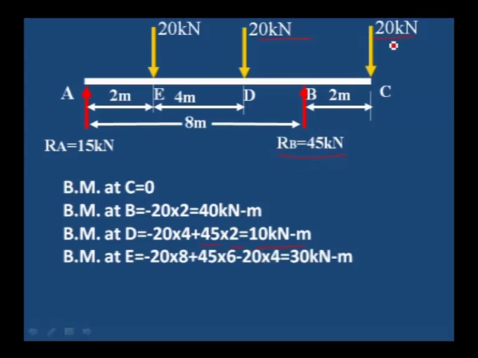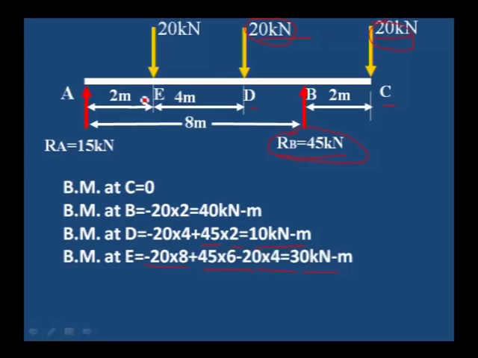These three loads: one is 20 kilonewton at C, one more is 20 kilonewton at D, and RB at B. Therefore, minus 20 into 8, this first load into distance from E to C, 4 meter plus 4, 8 meter, 20 into 8 minus value, and then the RB value 45 into distance 6 meter, E to B is 6 meter since D to B is 2 meter plus 4 meter, minus 20 into distance 4 meter, 20 into 4. Therefore, bending moment at E is equal to 30 kilonewton meter.